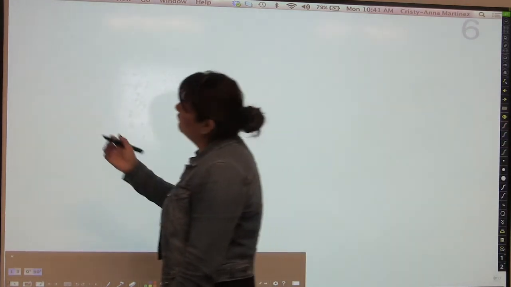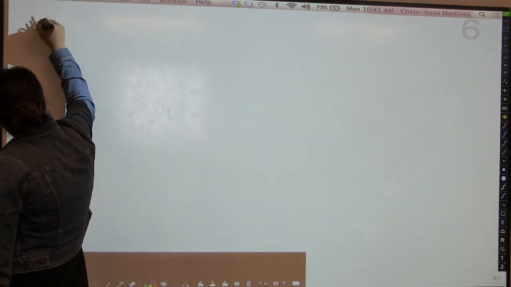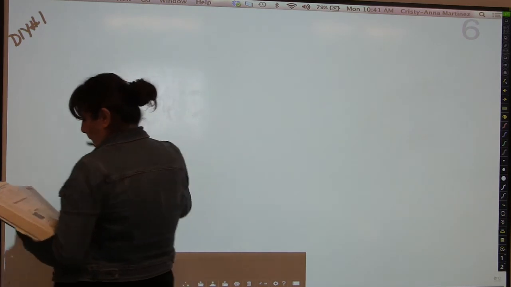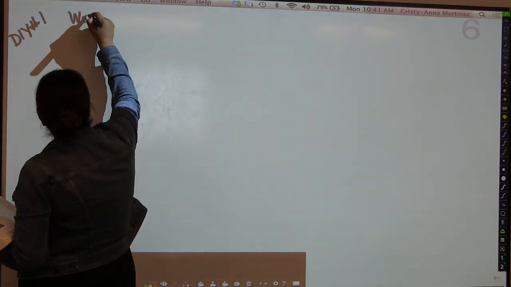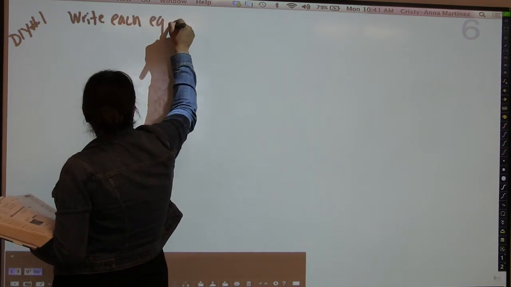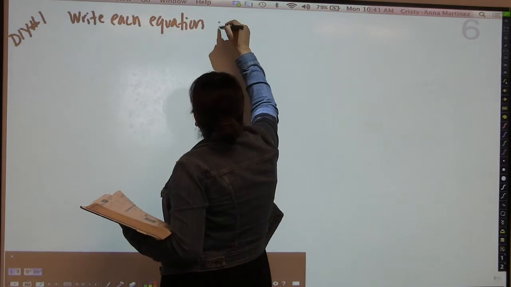Okay, so now I'm going to need 3 volunteers for the do-it-yourselfers. The directions are going to be the same: write each equation in log form.